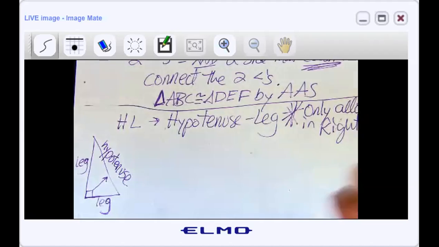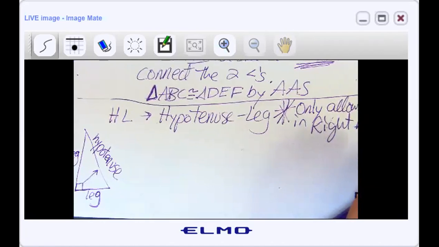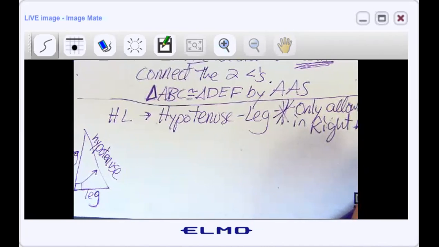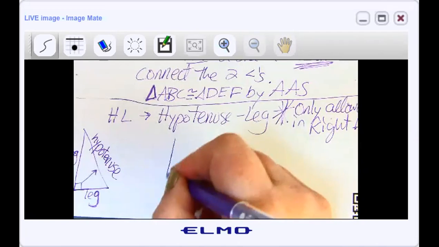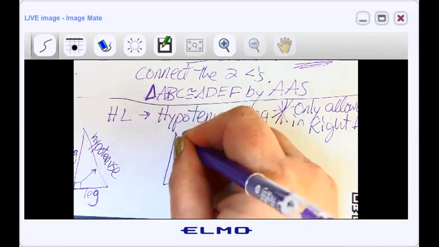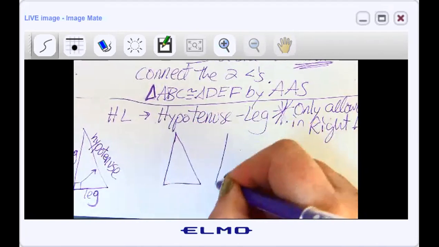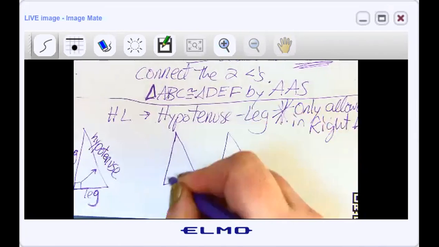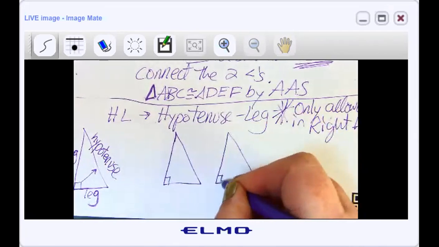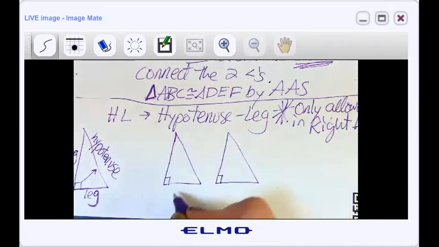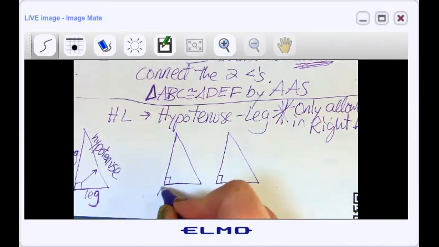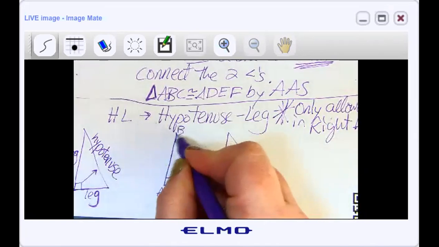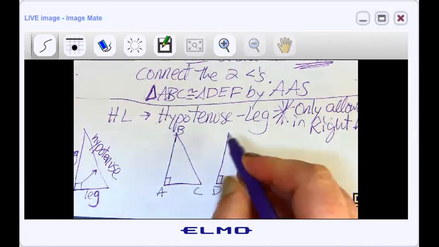Okay, so when we are using the hypotenuse leg congruence method, here's what we need. First of all, I need to verify that I do in fact have two right triangles. So let's make it so. Yes, I do have two right triangles. Good. I'm going to label their corners too. Let's call this triangle ABC, DEF.